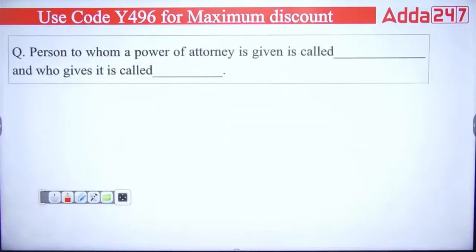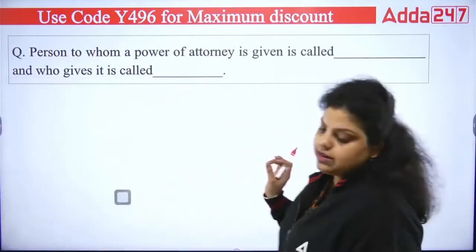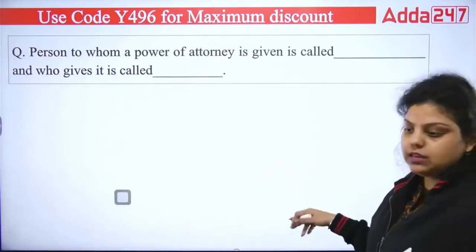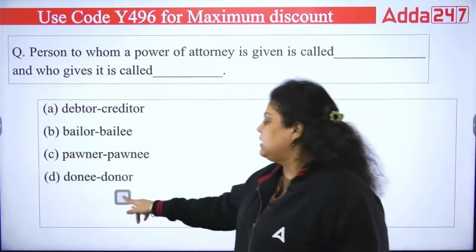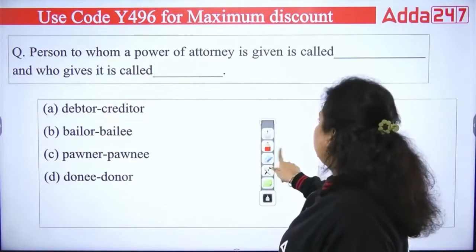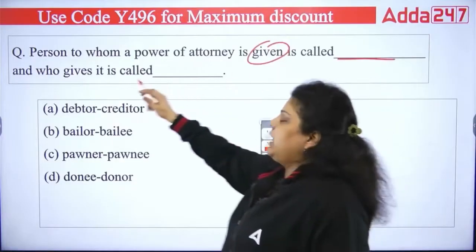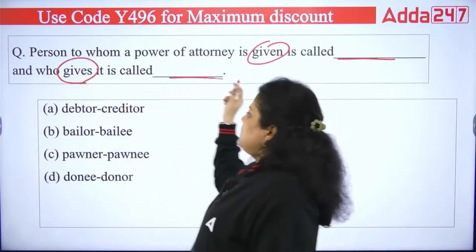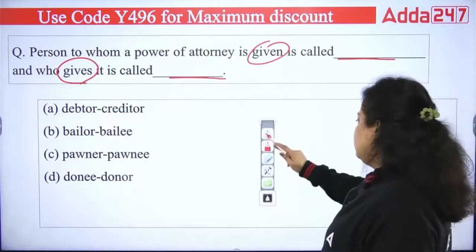Now next question is asking, the person to whom a power of attorney is given is called dash, and who gives it is called dash. So there are two types of power of attorney, and here the question is asking what the person who is giving is called, and to whom it will be given. What is the name?